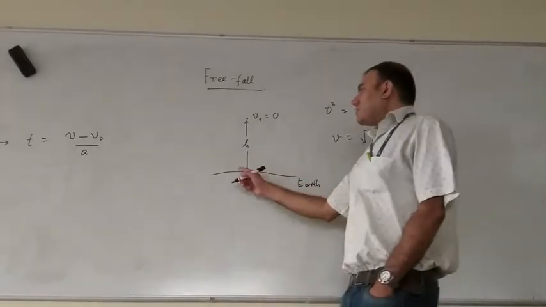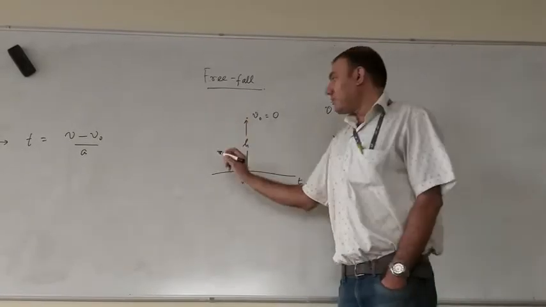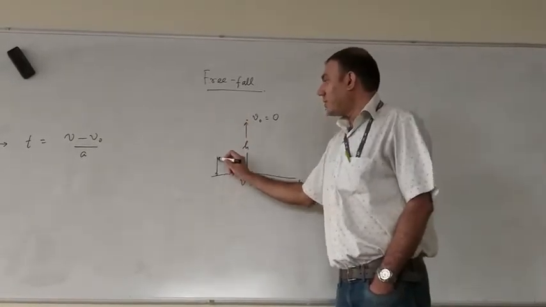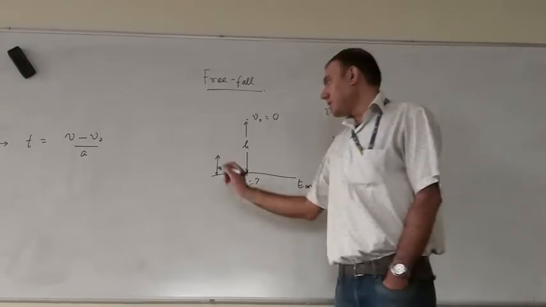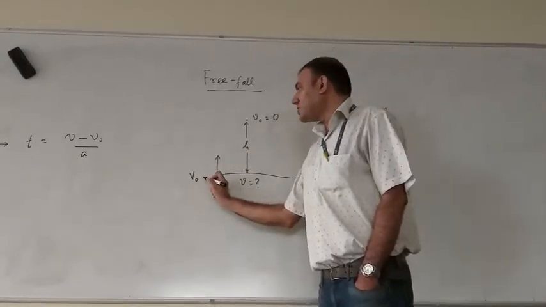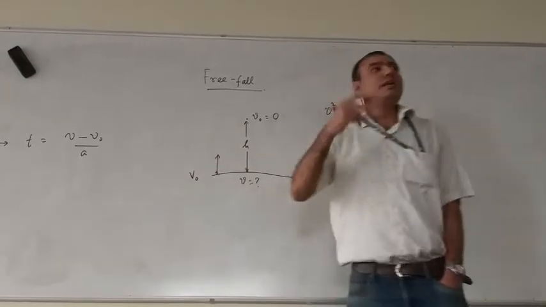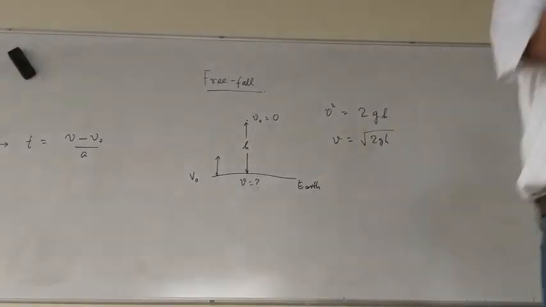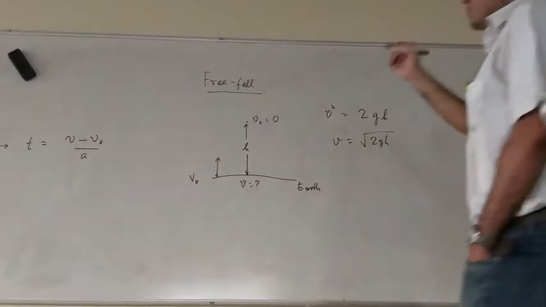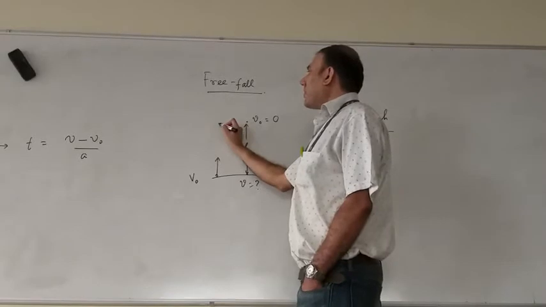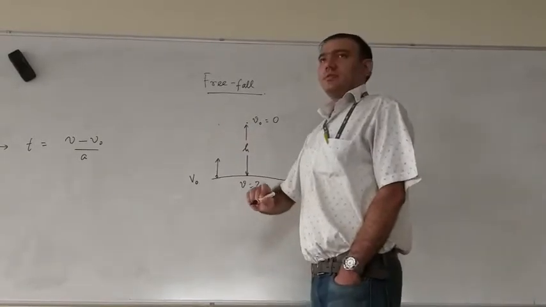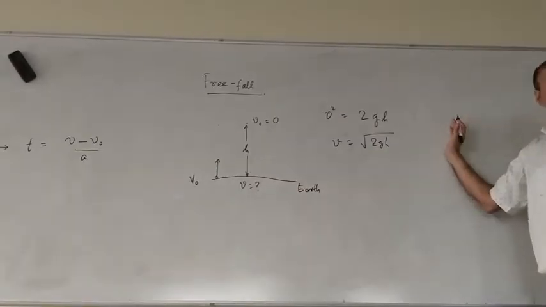Now likewise, if you toss a particle out from here upwards, you start with some initial velocity v naught again. This obviously is non-zero velocity. You are tossing with some velocity, and you want to find out what maximum height it reaches. Likewise, you can use the same equation again.